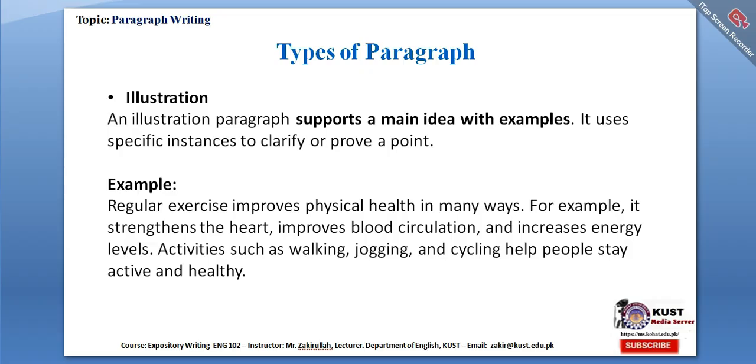Activities such as walking, jogging, and cycling help people stay active and healthy. So yes, there is the main idea, the topic sentence, that is regular exercise improves physical health in many ways. And then there are different instances, different examples to clarify that very topic sentence. That is, it strengthens the heart and so on.